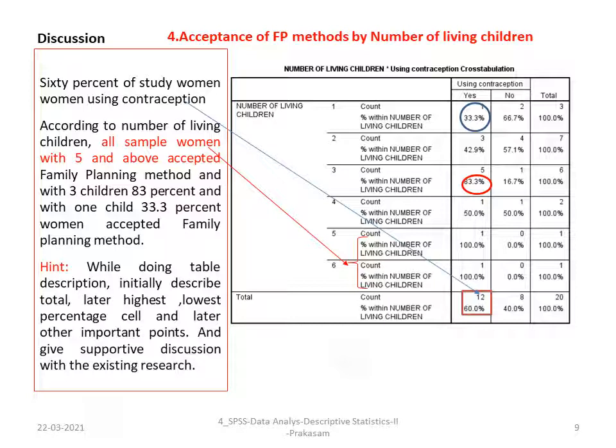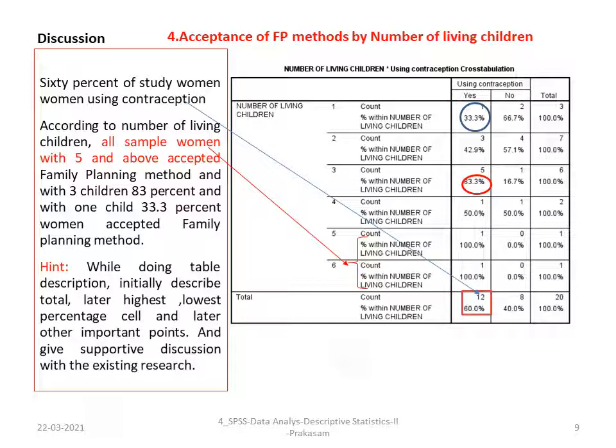That is the last column, the count total. Then looking at the individual number of living children by use of contraception, our sample women with 5 and more children are all accepting the family planning method. That is 100% of the women with 5 and above.